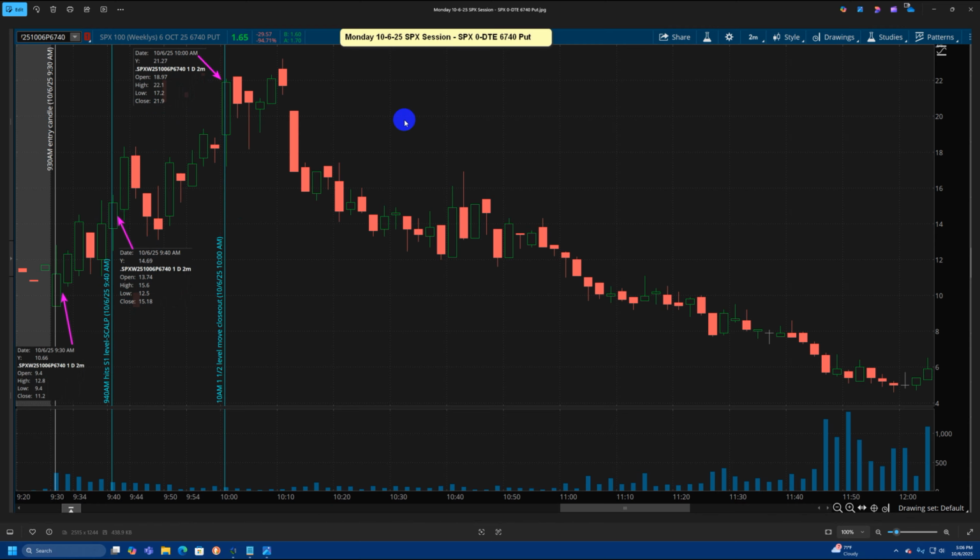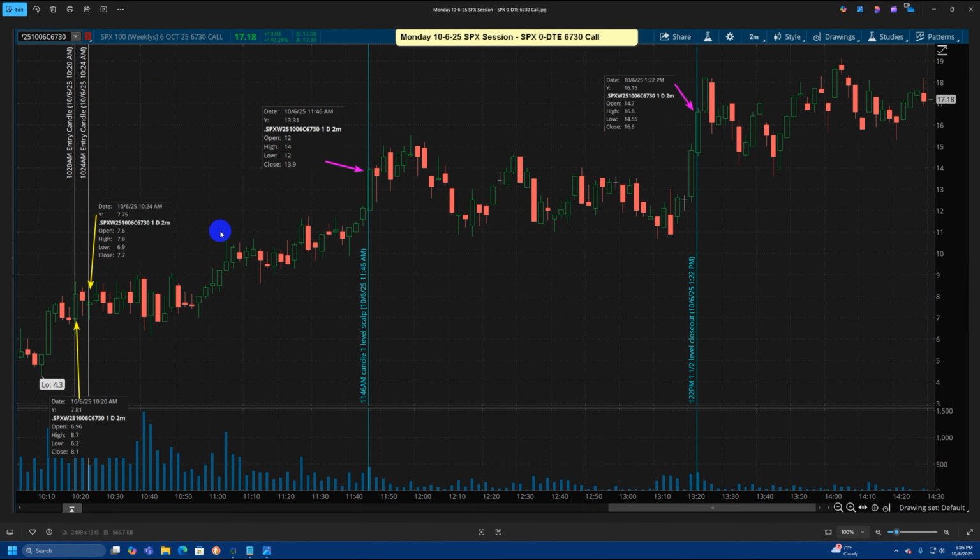Next, we'll take a look at the 67.30 call. Remember, we had 2 potential entry candles. One was at 10:20, the cross and close above S1, and that was $8.10. And then we had the 10:24 retest bullish confirmation, and as I mentioned, that was a little bit cheaper, $7.70.